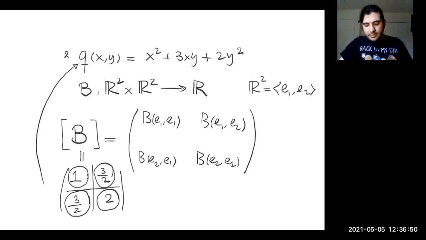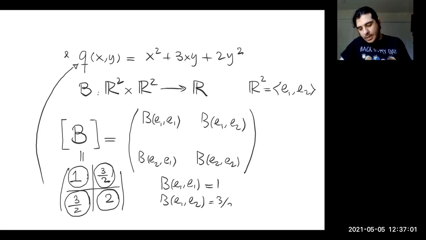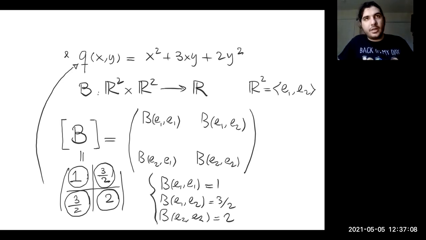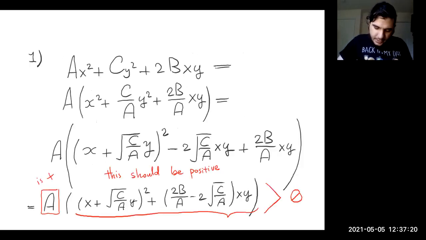If I do that, it means B of E1, E1 is equal to 1. B of E1, E2 is equal to 3 over 2. B of E2, E2 is equal to 2. Right? Now, that gives me the bilinear form explicitly. So let's go to the next page.